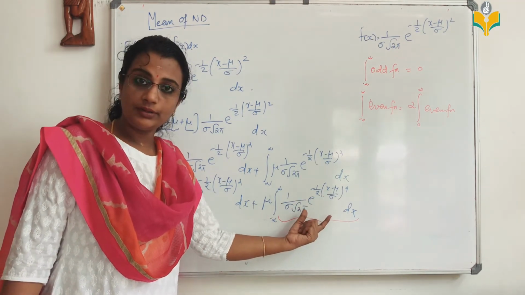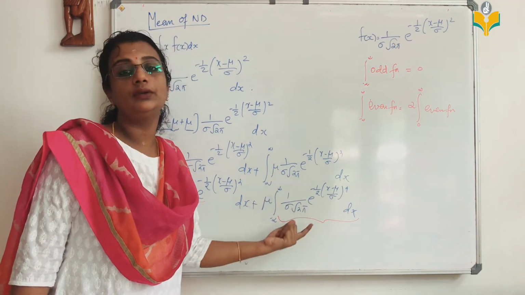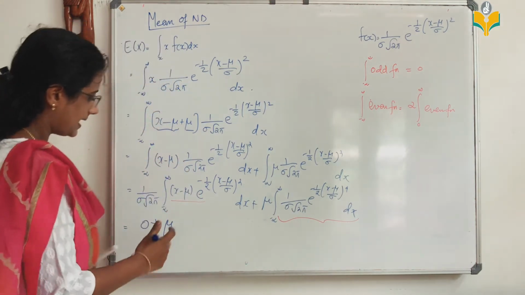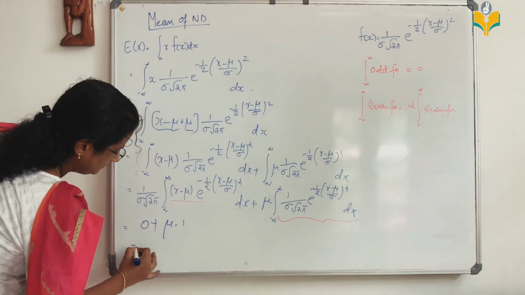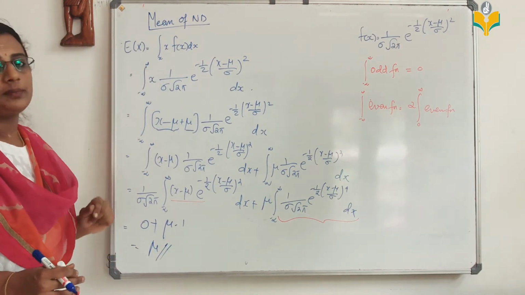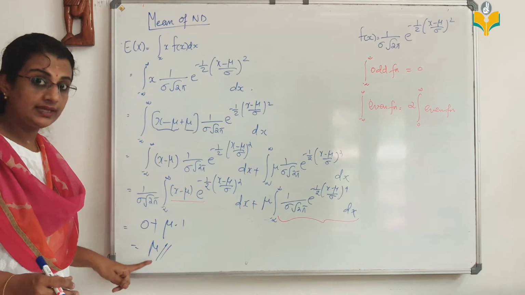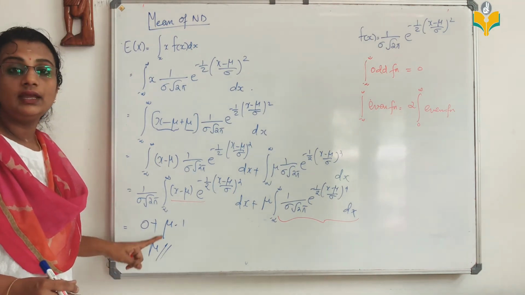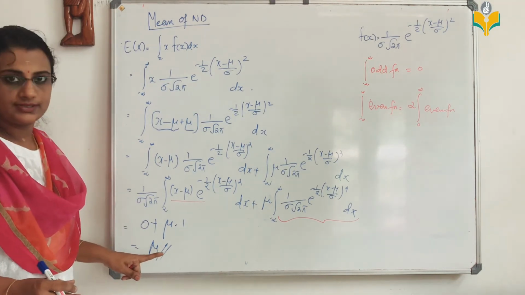What is the total probability of a PDF? That is equal to 1. So we get mu into 1, that means mu. What is the mean of the normal distribution? It is mu. Mu is one of the parameters of the normal distribution.